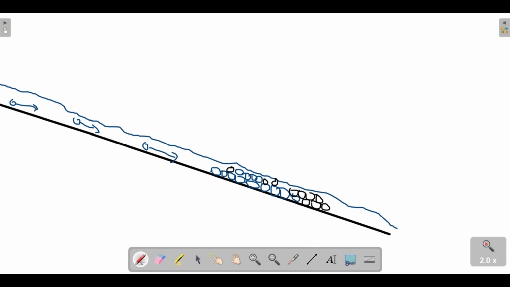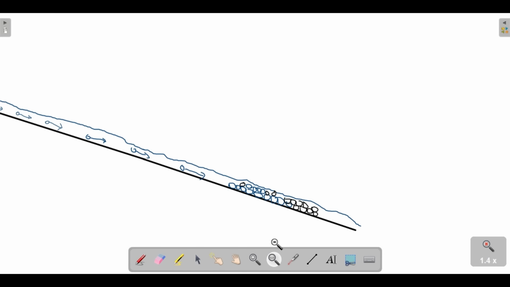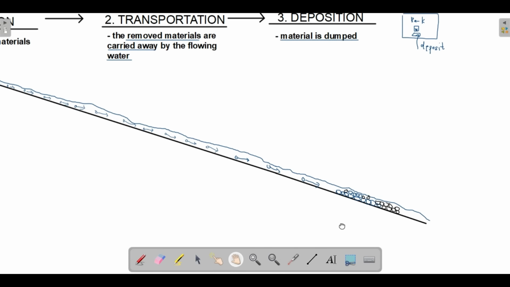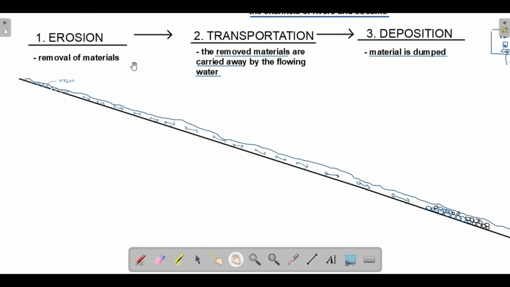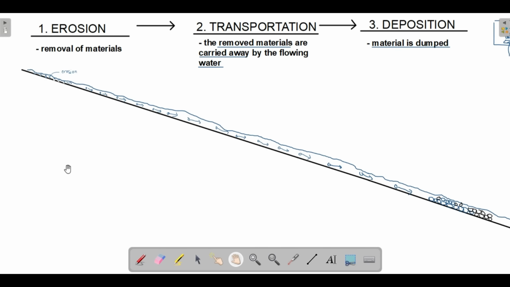We'll talk about that. Because the lower course is flat, gradient here plays a huge role. Whenever you have a flat or gentle land, you'll find that material is being stacked there, it is being dumped there. You see more deposition. But whenever your gradient is steep, you're going to see erosion. So gradient will determine whether you are going to have erosion or deposition, and also the volume of water.